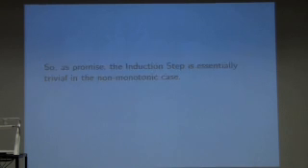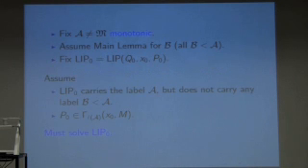Okay, so the serious case is, right, so as promised, the induction step is essentially trivial in the non-monotonic case, and so now we're going to do our serious work in the monotonic case. Okay, so let's remember what we're doing. So we fixed a label script A other than M, and we're assuming now that it's monotonic.